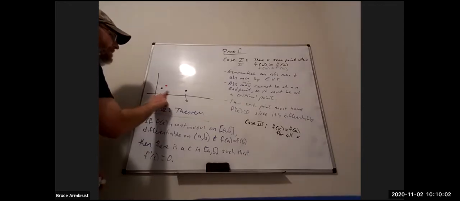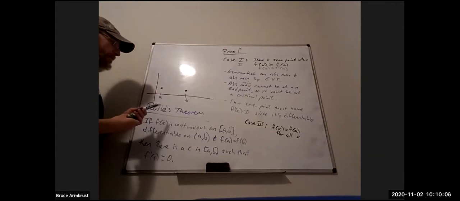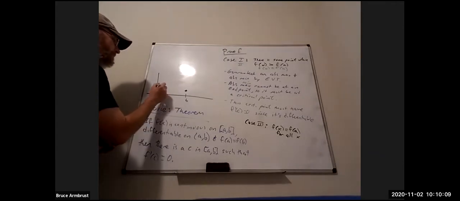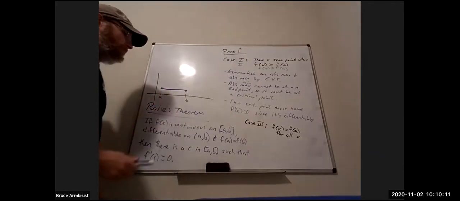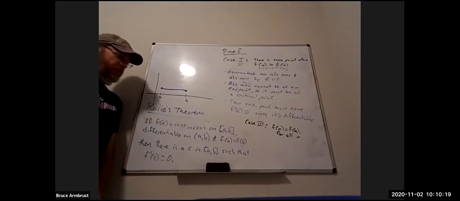Okay, well, think about what that looks like in a picture. We're just going to go ahead and connect those two dots with the horizontal line. What's the proof for this one? What statement am I going to write to show you that there is a c where the derivative equals 0?